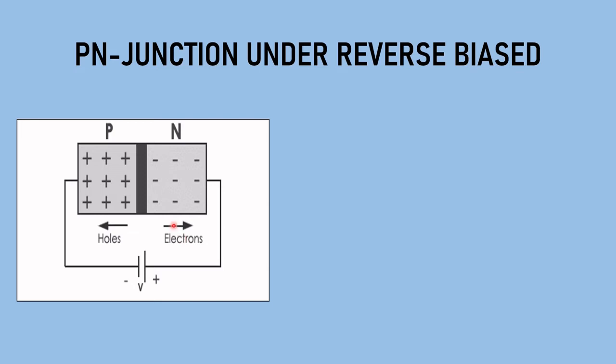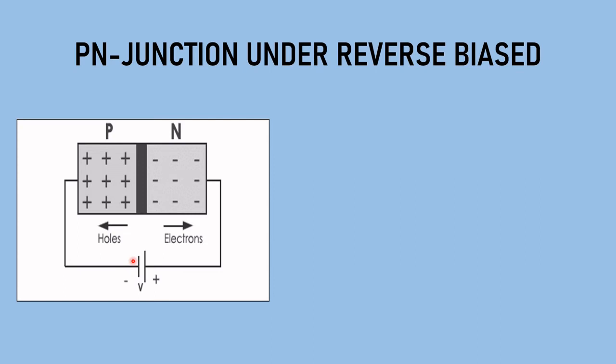Electrons are negatively charged and this terminal is connected with the positive potential, so electrons are attracted to this terminal. Holes are positively charged and this terminal is connected with the negative potential, so holes are attracted to the negative potential of the power supply.